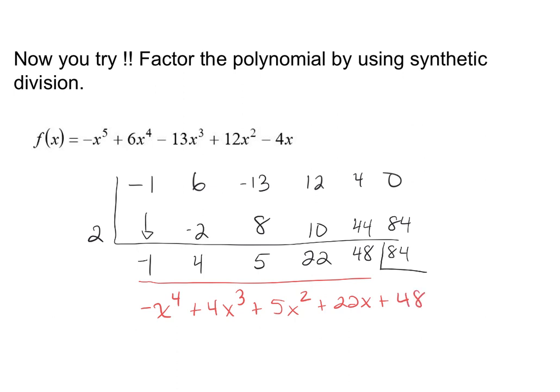And now my remainder, I am going to add 84. However, I need to put that over the factor that we were dividing by. We were dividing by the number 2, which was the 0, meaning x is equal to 2. So the factor was x minus 2. I will put that 84 over x minus 2, the factor, when writing my polynomial.